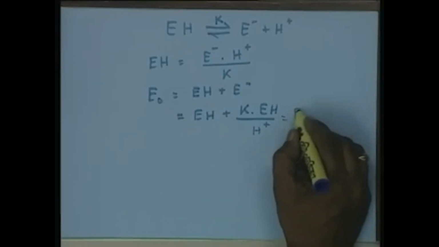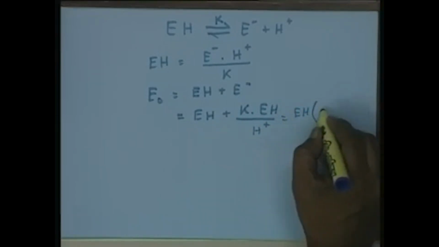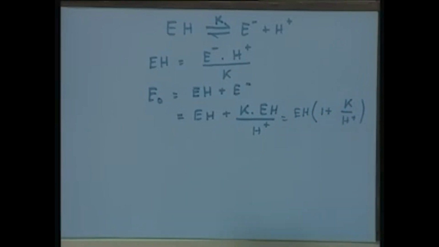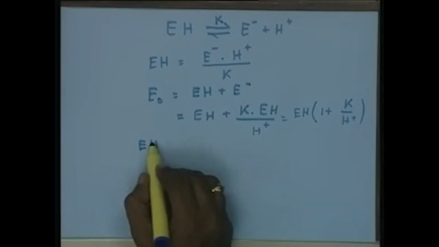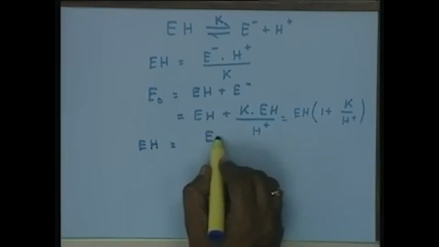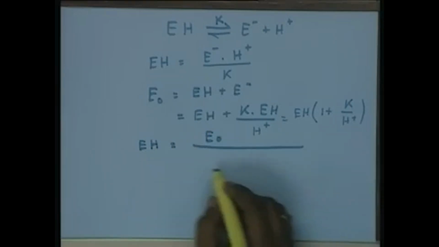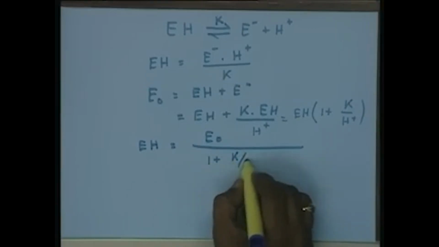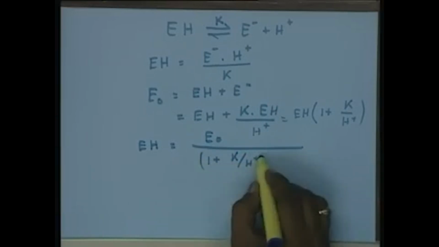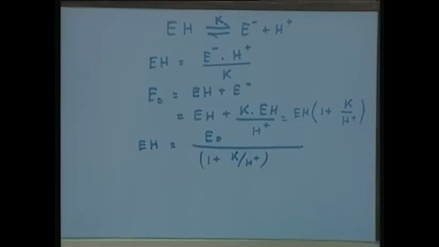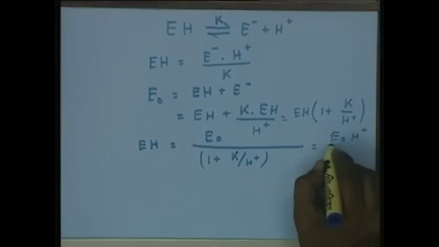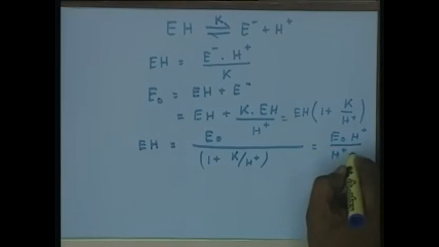Again you can take EH as a common factor, giving 1 plus K upon H, and therefore the EH concentration will be E naught upon 1 plus K upon H plus, or in other words E naught into H plus upon H plus K.